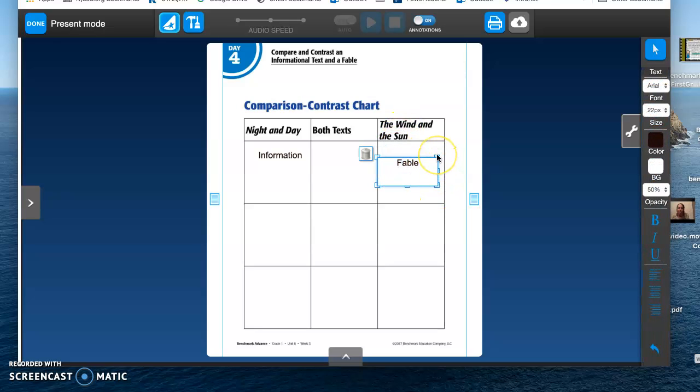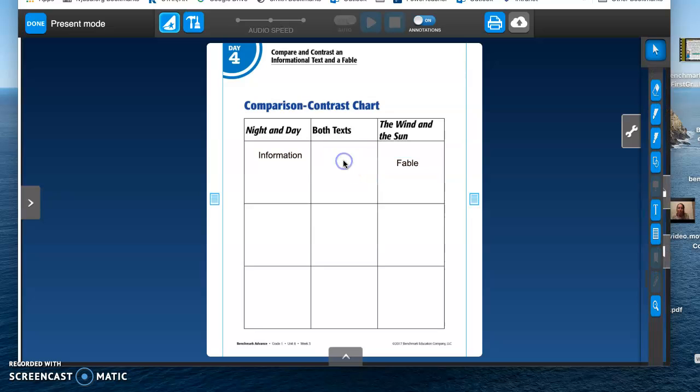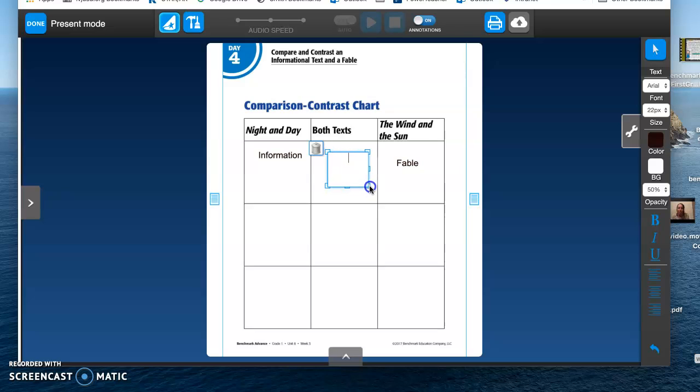There we go. Now think about a way that both those texts were the same. Both of those texts told about things in the sky.